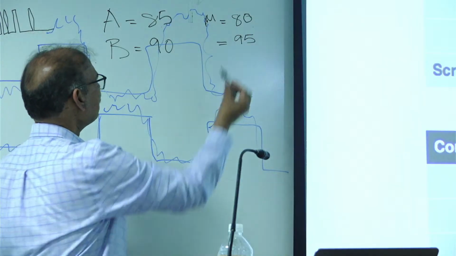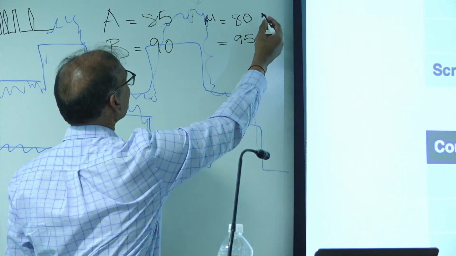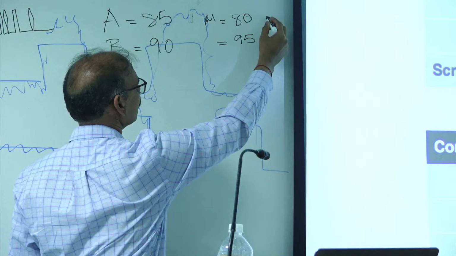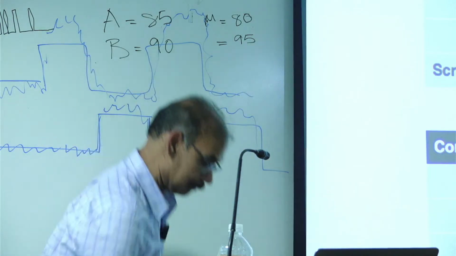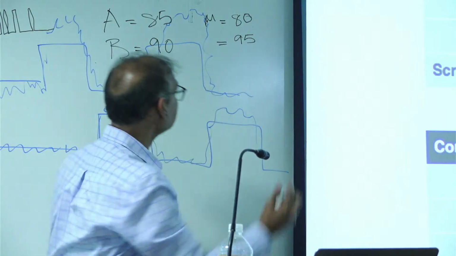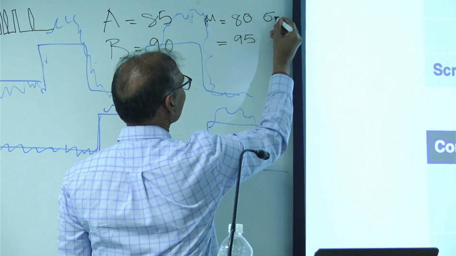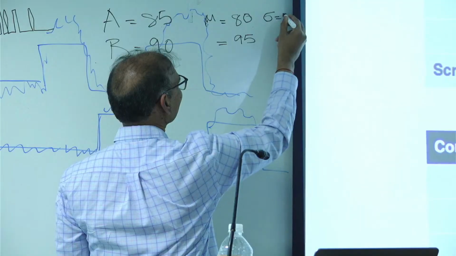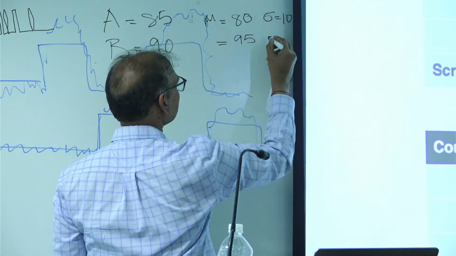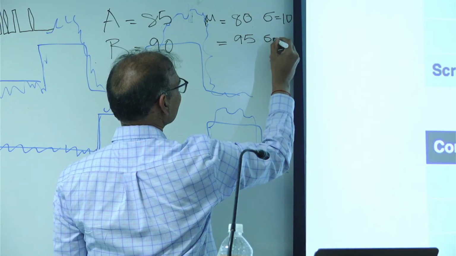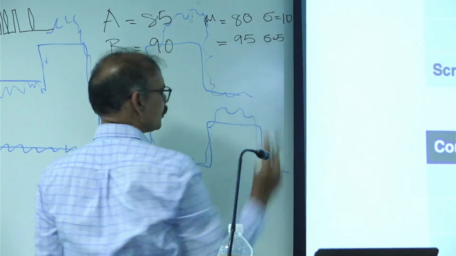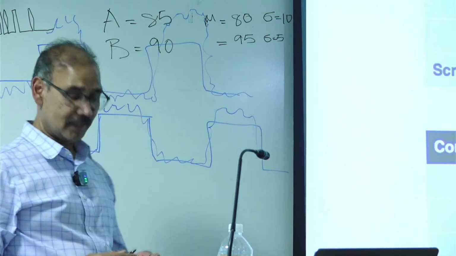Okay, good. So let's say the variance of this is 10, and the variance of this group of students is 5, right?